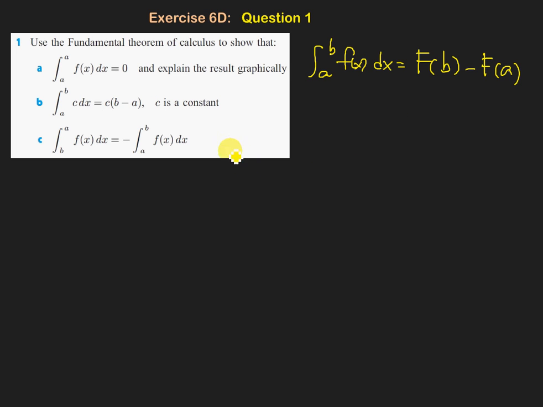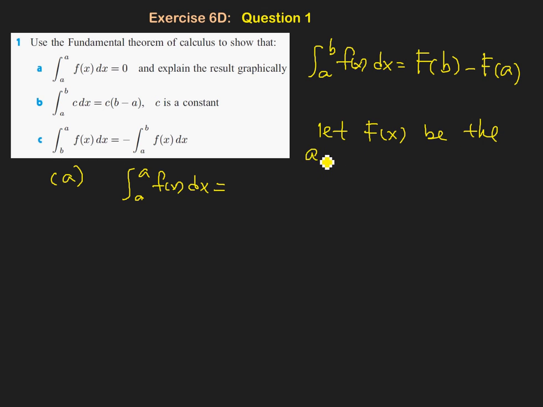So let's show the first property by using the fundamental theorem. So okay, this is the integral of f(x) dx. Now what we're going to do is assume that big F is the antiderivative. We do not know what that is, the exact function.